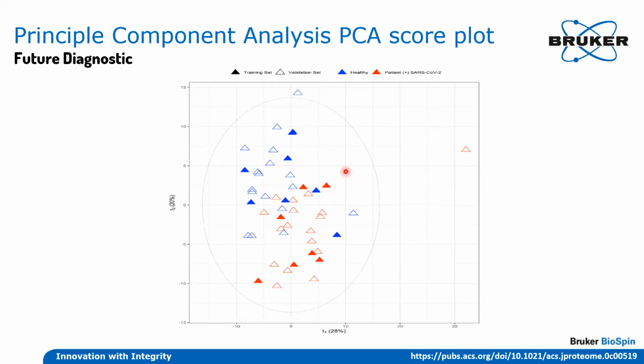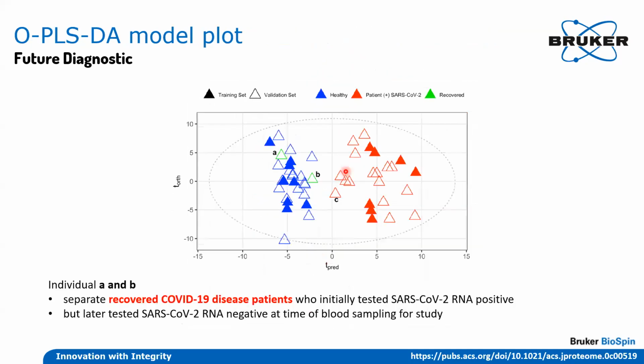When you look into more advanced statistical analysis, such as OPLS-DA, this is the OPLS-DA performed on the same plasma data obtained from the combined approach, combining NMR and MS. As you can see here, the OPLS-DA shows very similar patterns to the PCA plot.